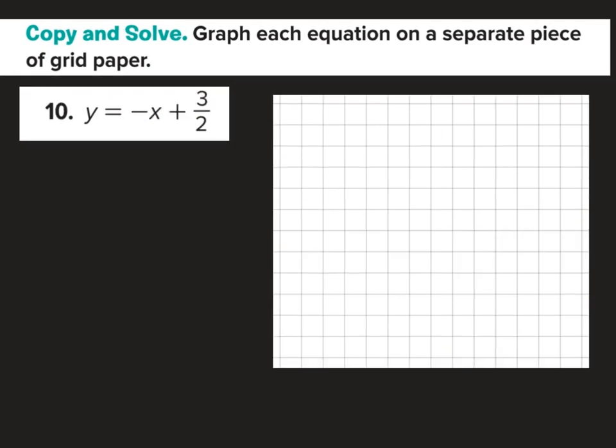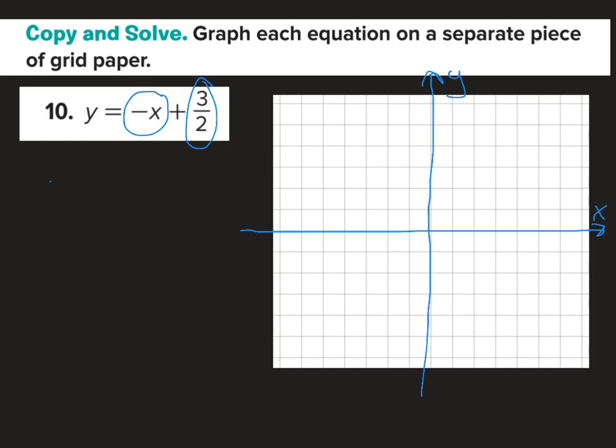Okay, for number 10, I'm going to do the same thing by starting off, and always draw in your y and x axis. And then we're going to graph y equals negative x plus 3 over 2.